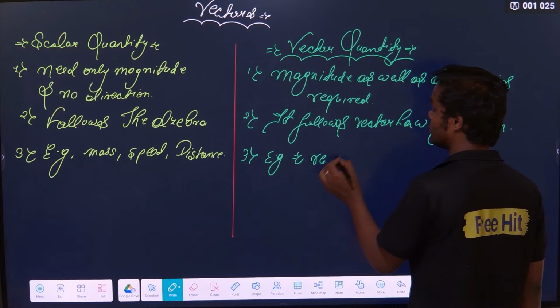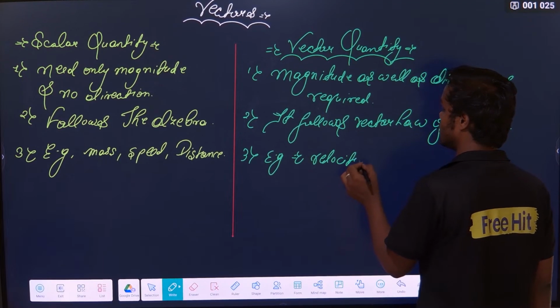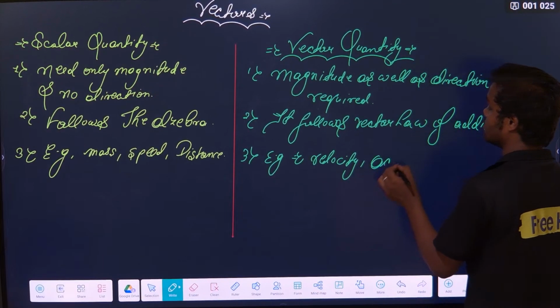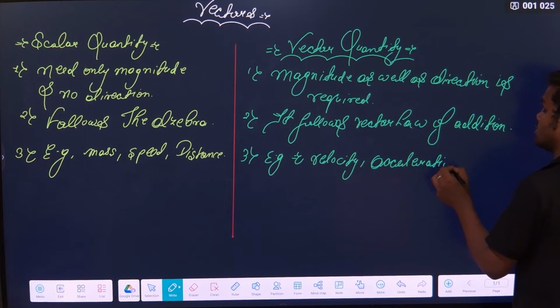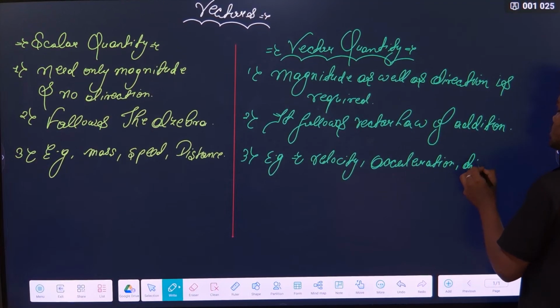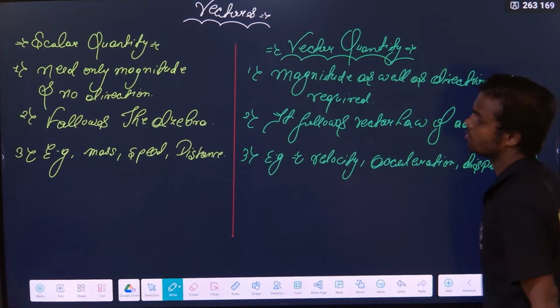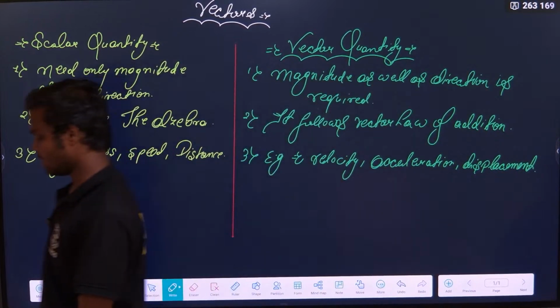First we have seen velocity, then we have seen acceleration, then we have seen displacement in the last chapter only. These are the different things we have seen regarding scalar and vector quantities.